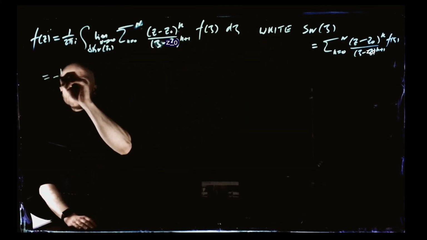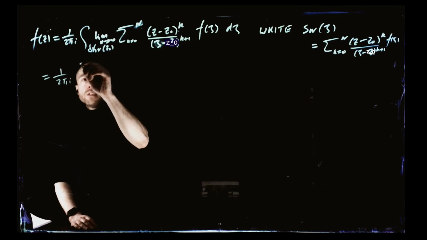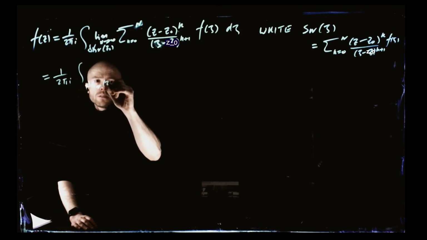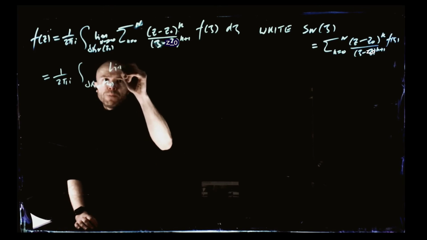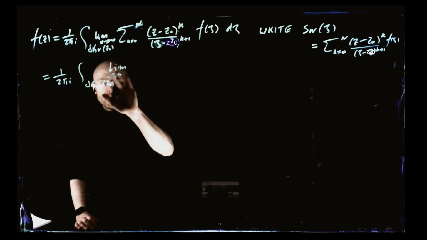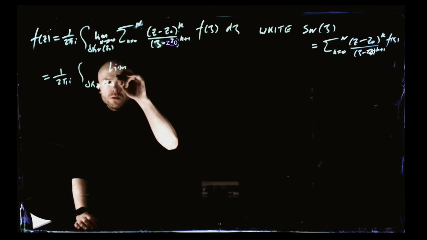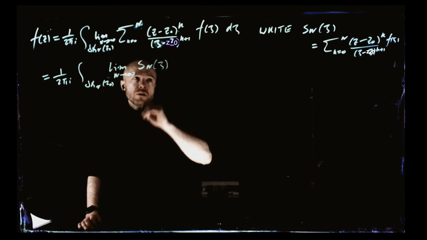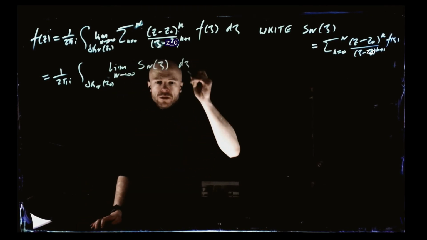So this is 1 over 2 pi i times the integral around the boundary of the ball of the limit as n goes to infinity of S_n of zeta d zeta.